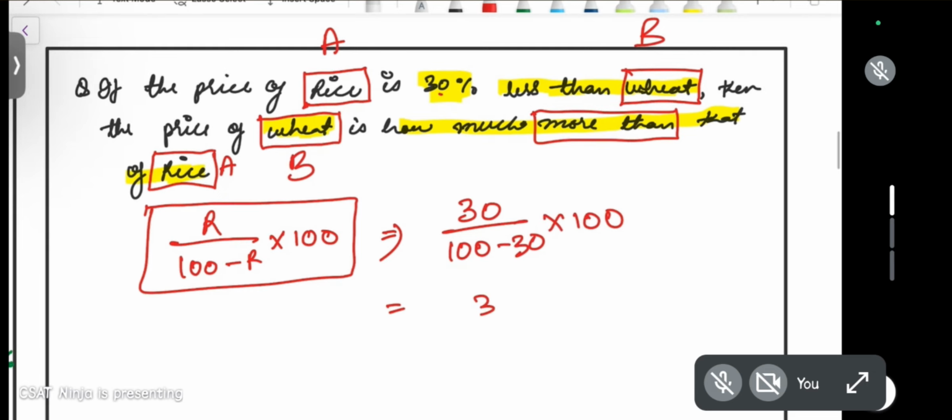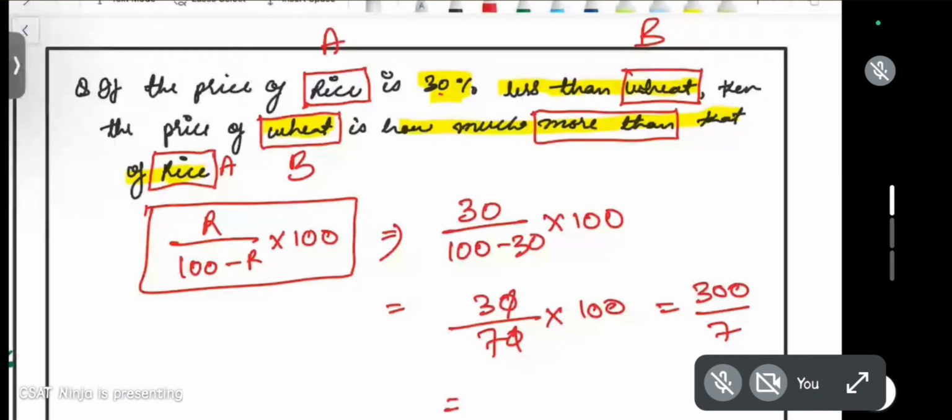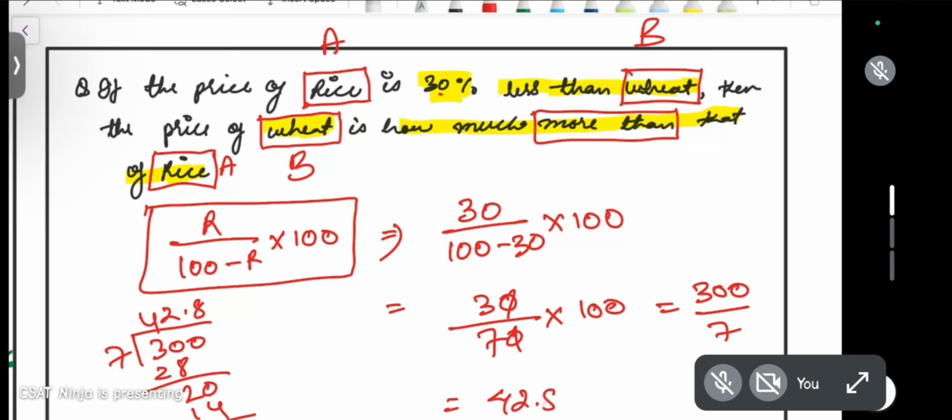So 30 divided by 70 into 100, where the 0 gets cancelled, so I get 300 divided by 7. 7 4s are 28, so 300 divided by 7: 7 4s are 28, that leaves 20, 7 2s are 14, leaving 6, and so on. So I'll stop here at 42.8%. I'll repeat again.